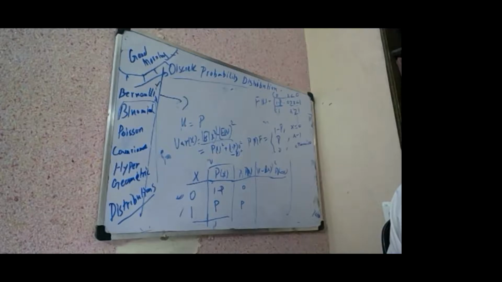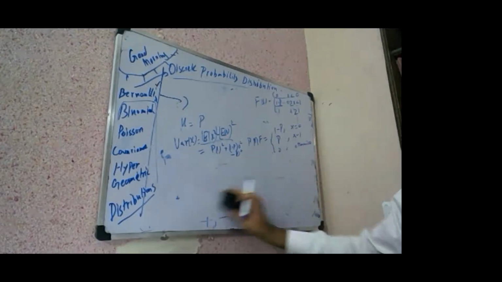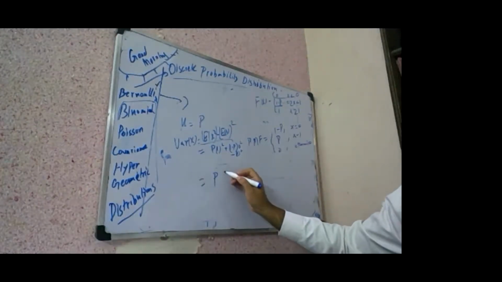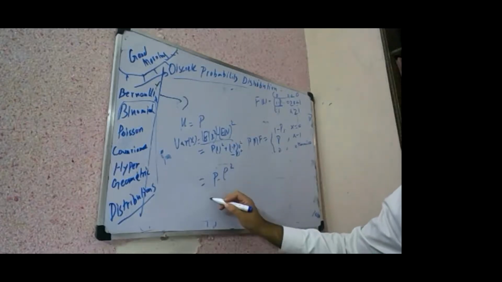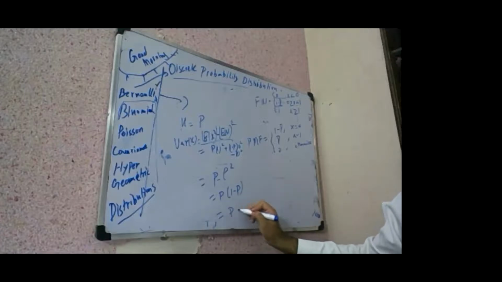So when we solve it, it will give us P times 1 minus P. So the variance of X becomes P minus P square, which means P times 1 minus P, which you can also write as PQ.